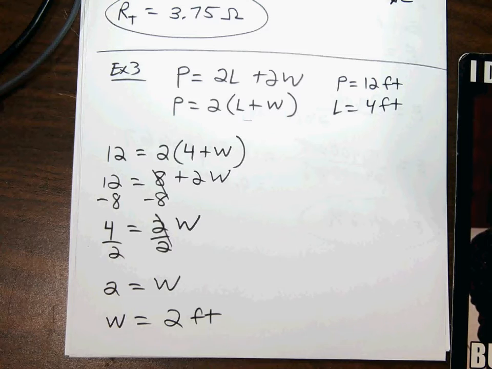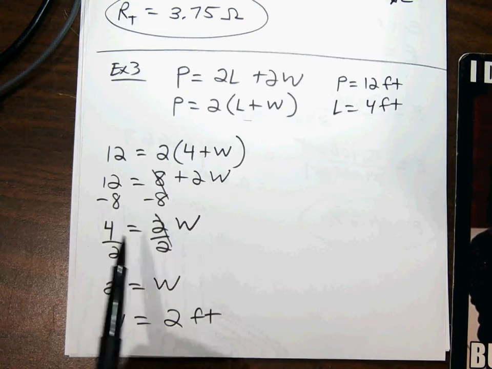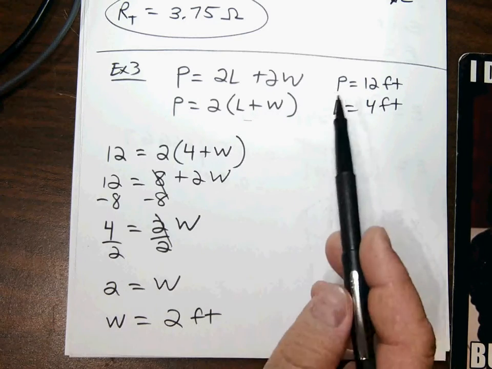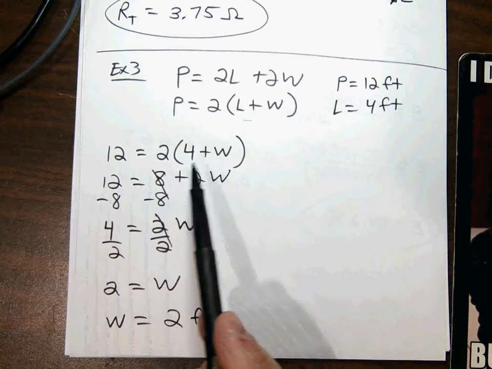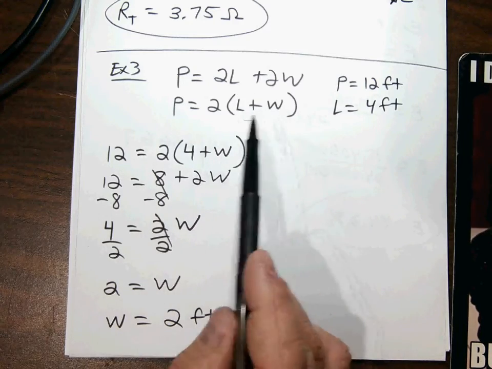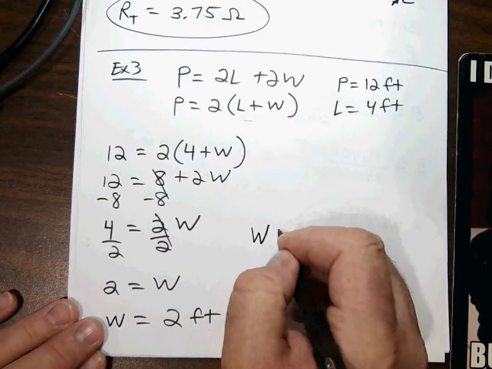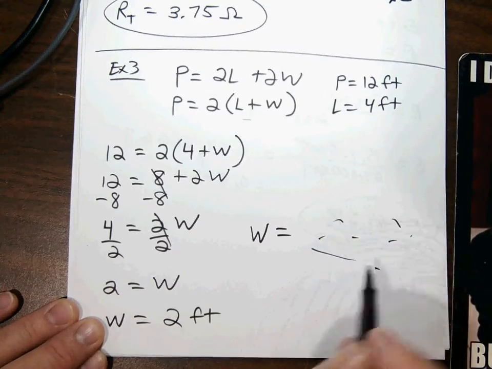This formula was not set up to find W easily, right? We had to do all this little algebra. Well, in a little while, later on in the next video, we're going to do the same thing, except I won't give us any numbers. We're going to keep the symbols in there, and we're going to shuffle this whole formula around, and we're going to get W equals a bunch of stuff over here.